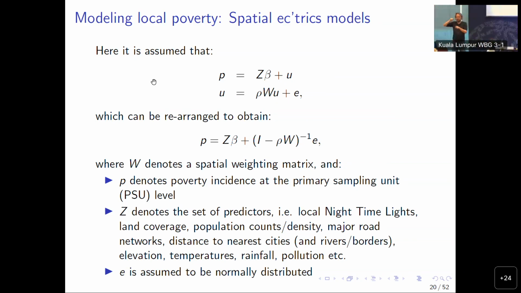The elements of that spatial weight matrix capture distances, and distances can be measured however you want. It can be literal geographic distance, like bird flight or road network, or it can be economic distance. There's some flexibility there. The idea is that locations that are close together are more likely to be spatially correlated than locations further away, so the weight matrix captures that.